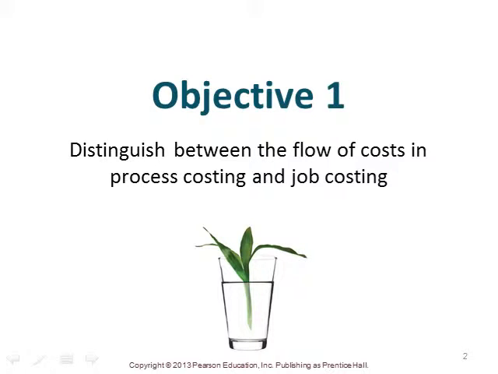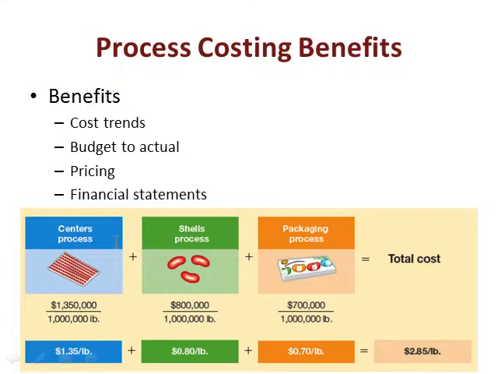And so first we want to distinguish between the flow of cost in process costing versus job costing systems. In a process costing system, you'll recall that managers will use processes to help control costs.